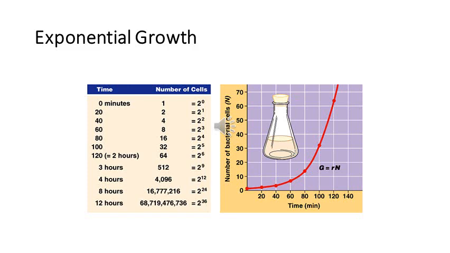The same table is drawn in a graphical manner on the right side, where you can see on the x-axis there is time, 20, 40 and 60 minutes and so on, and on the y-axis there is bacterial cell number, which also increases by 10, 20, 30, 40 and so on.